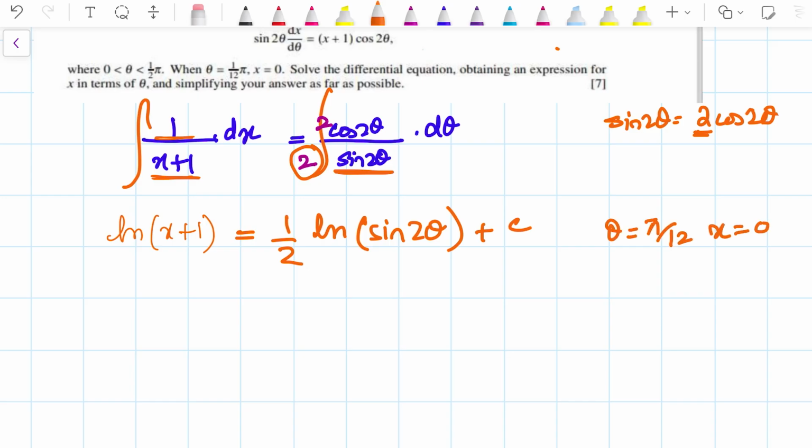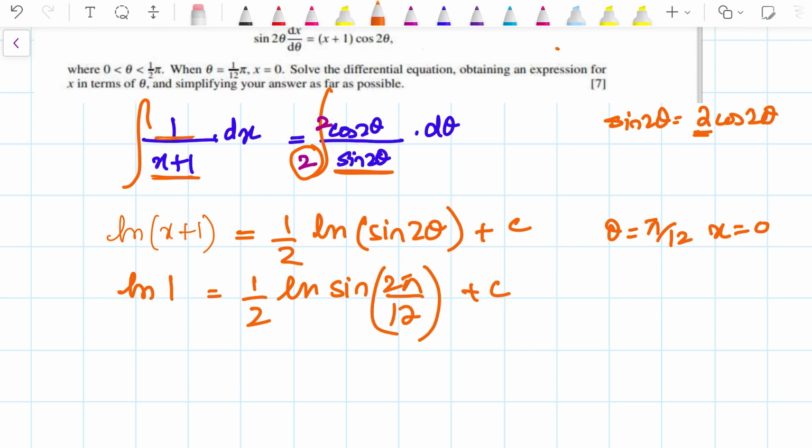Solve the differential equation, obtaining an expression for x in terms of theta and simplifying your answer as far as possible. So I'll input the value of x as 0. Sine 2 pi by 12 gives you 1 upon 2.